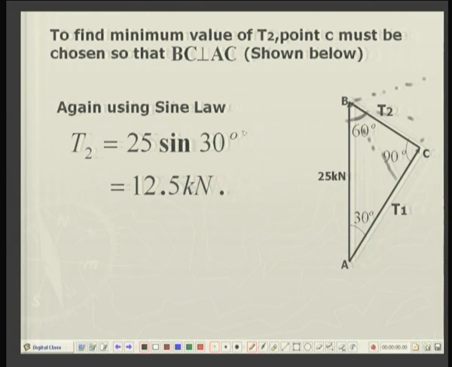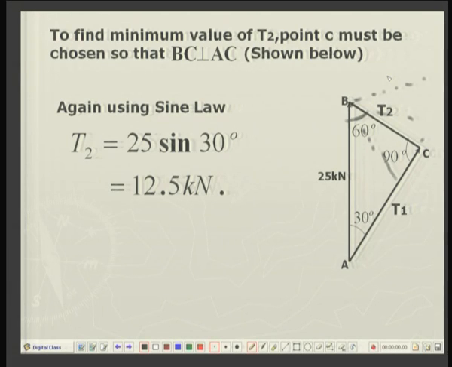Again using the sine law of triangles, you can find that T2 will be equal to 12.5 kilonewtons and its direction will be 60 degrees to the vertical. So, this minimum tension in cable 2 is obtained when the inclination is 60 degrees.